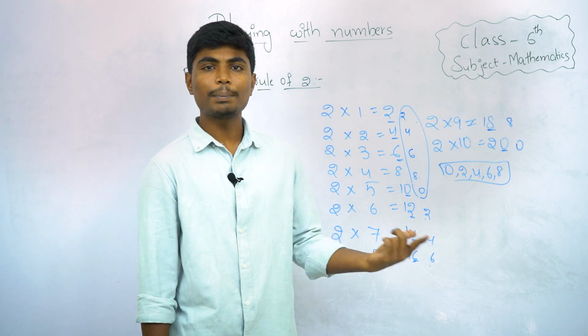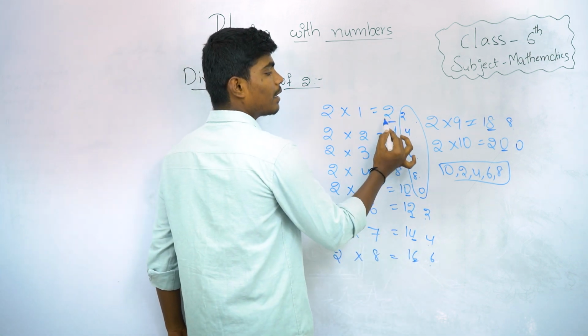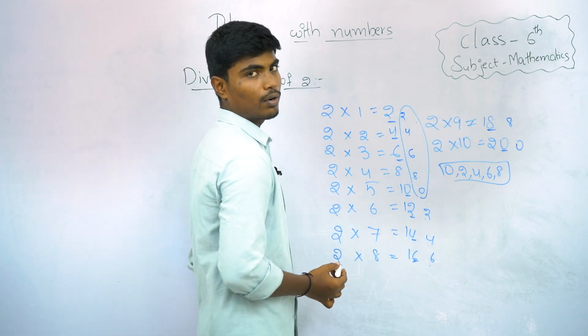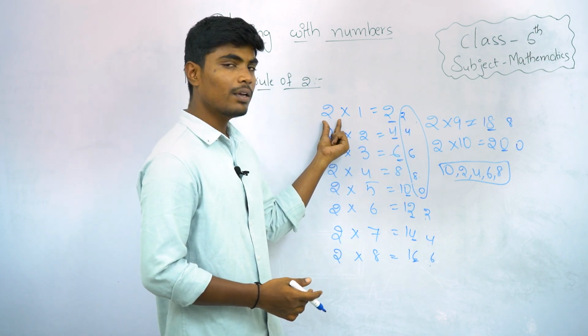This set of numbers in the ones place is repeating. So we can conclude that if the number has 2, 4, 6, 8 or 0 in the ones place, then the number is divisible by 2.